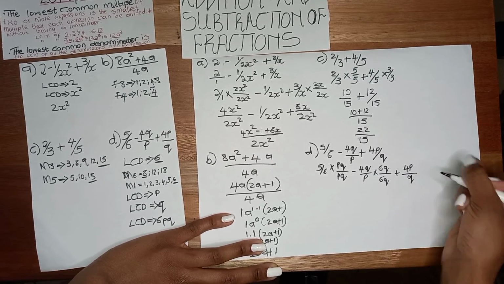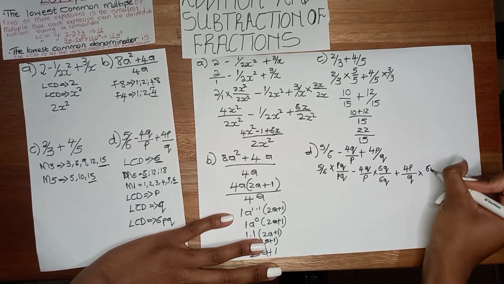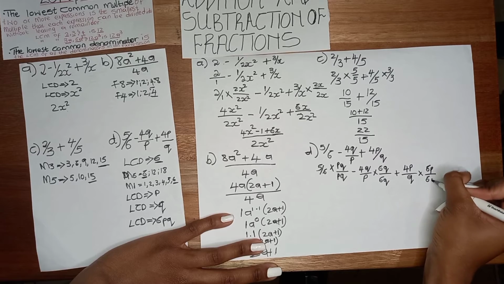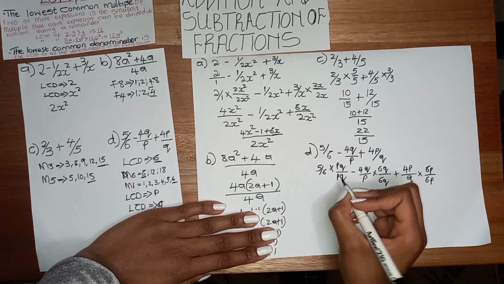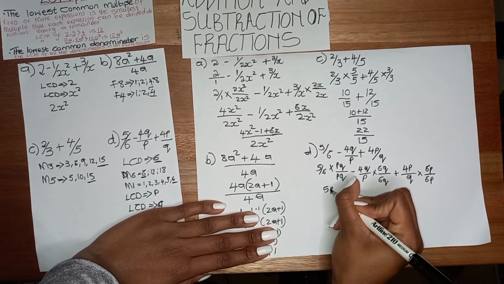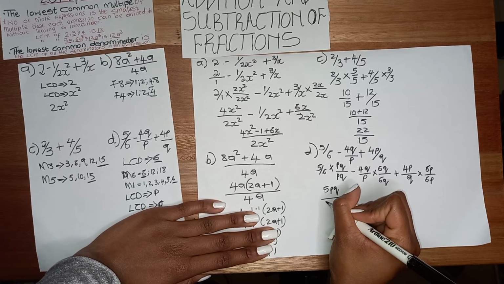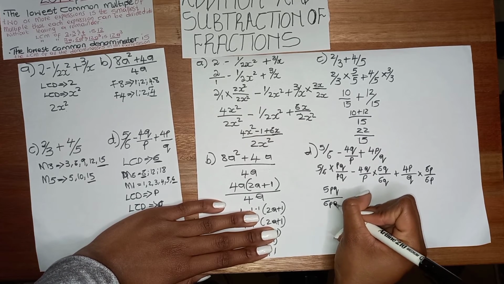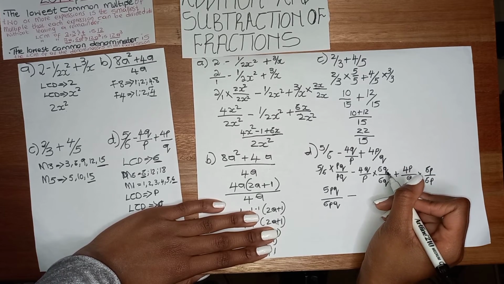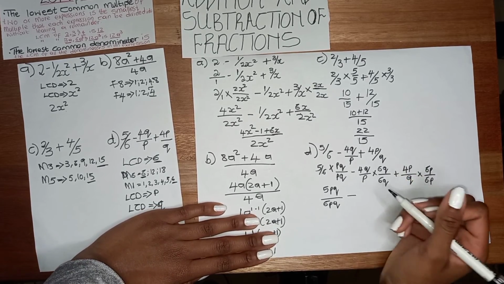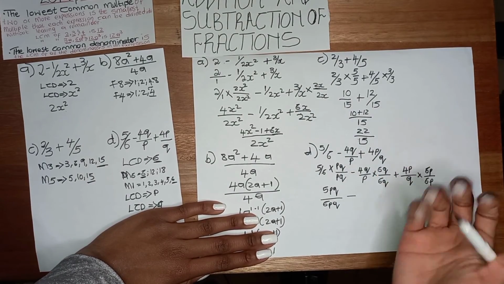So what is shorting here is 6p. Now let's multiply. 5 multiplied by pq is 5pq over 6 multiplied by pq is 6pq, minus 4q multiplied by 6q. 4 times 6 is 4, 6, 12, 18, 24.